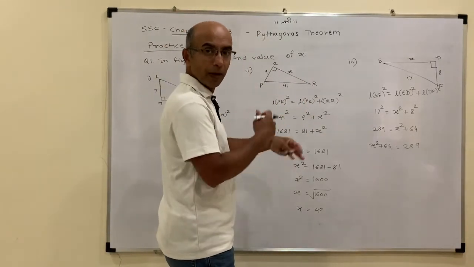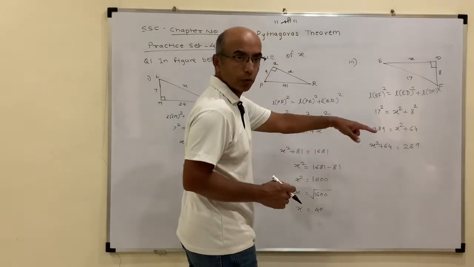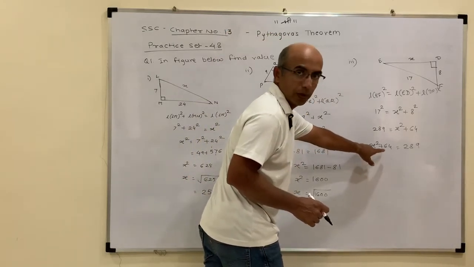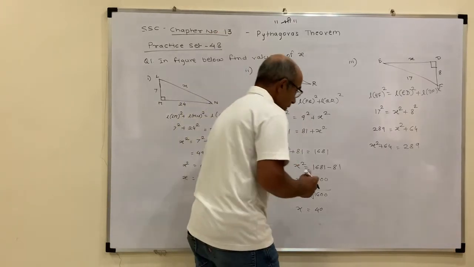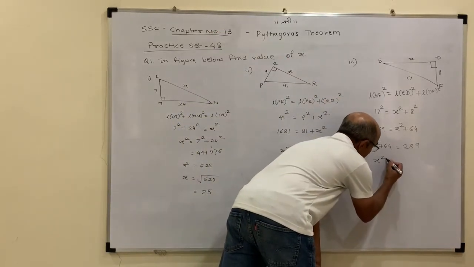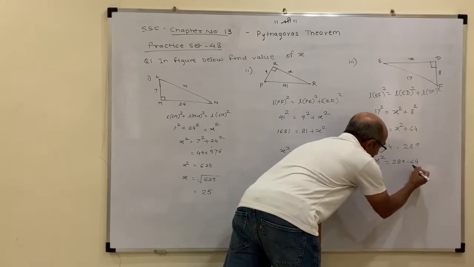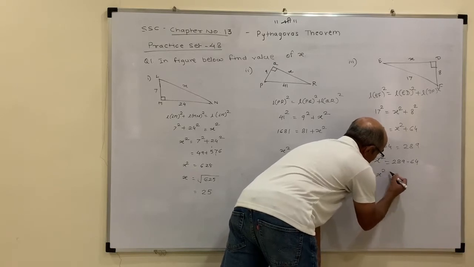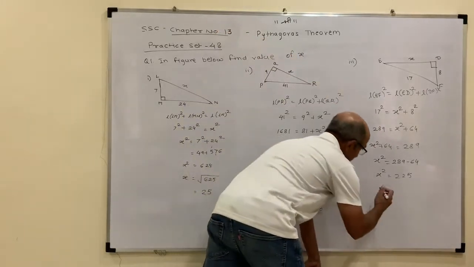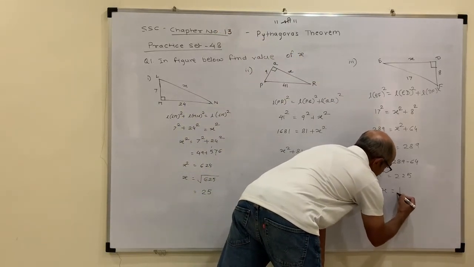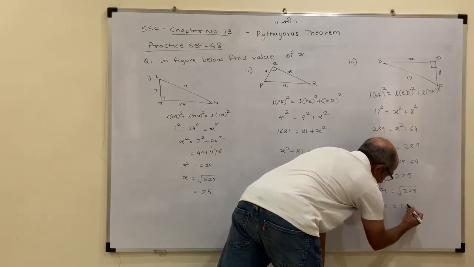Or the way we learned before, I can subtract 64 from both sides to get rid of this 64. Either way same, so I am using the terminology transpose. So x square equals 289 minus 64. So x square equals 225. So my x is equal to the square root of 225, where x equals 15.